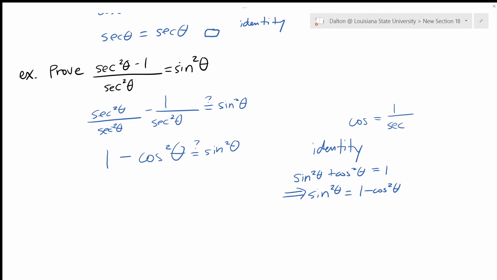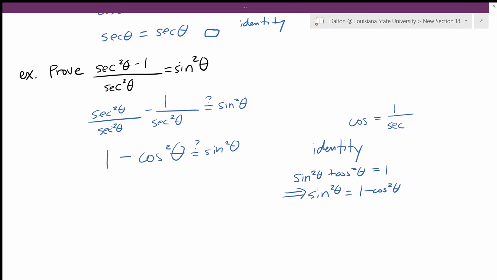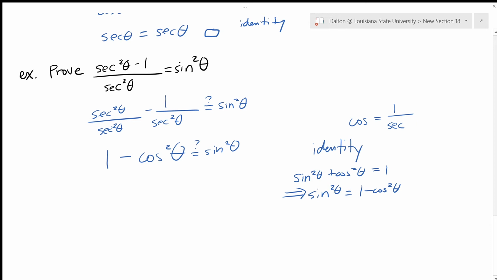Then when you do that, you have two choices. You can either substitute 1 minus cosine squared theta to be sine squared theta, and then you can say sine squared theta equals sine squared theta, and you're done.